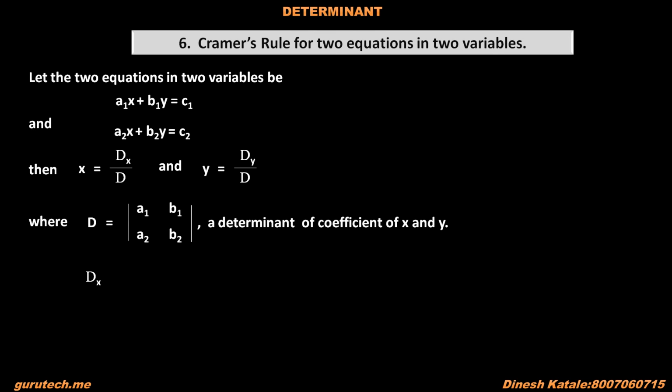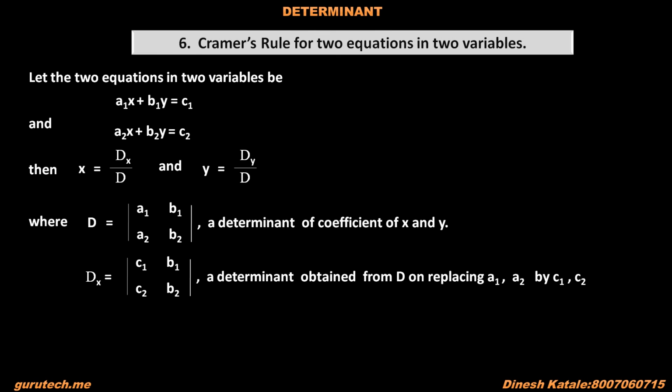Now see the another determinant, dx is equal to c1 b1 c2 b2, a determinant obtained from the above determinant D on replacing its first column a1 a2 by c1 c2, constant terms of the above two equations.